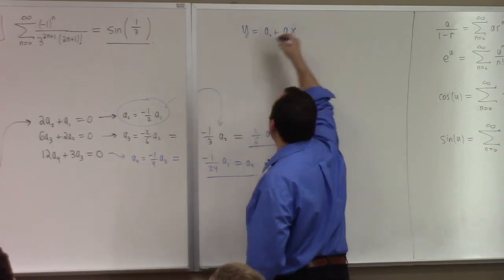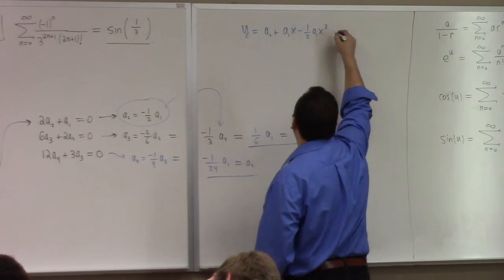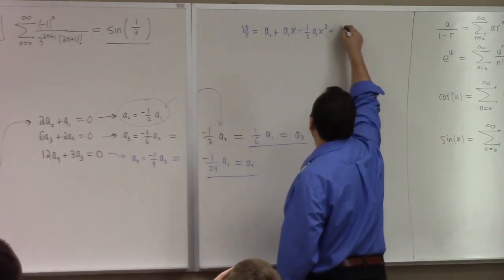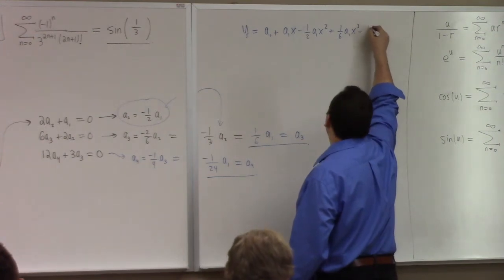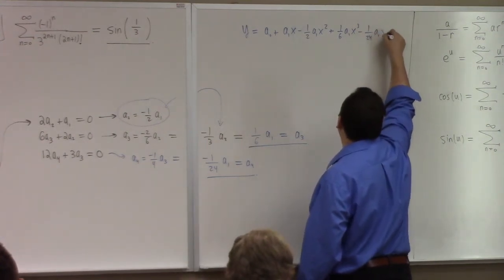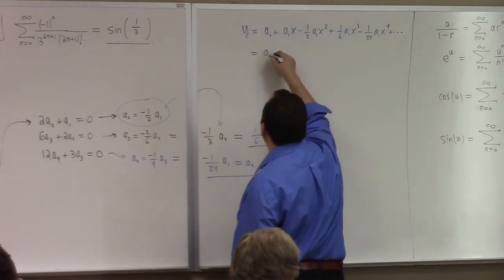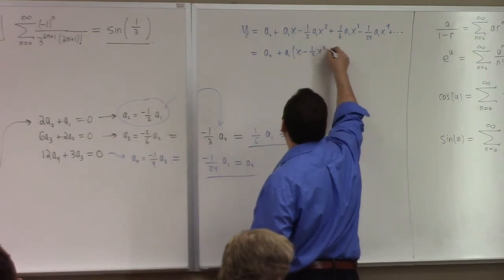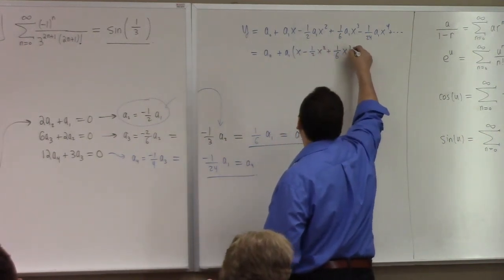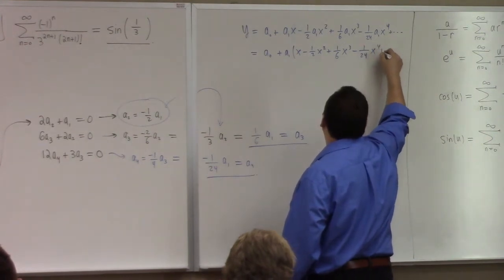A sub 2 was minus 1/2 a1 x squared, plus 1/6 a1 x cubed, minus 1/24 a1 x to the 4th, and so forth. So let's clean this up a little bit. We've got a0 plus a1 times x minus 1/2 x squared plus 1/6 x cubed minus 1/24 x to the 4th plus dot, dot, dot.